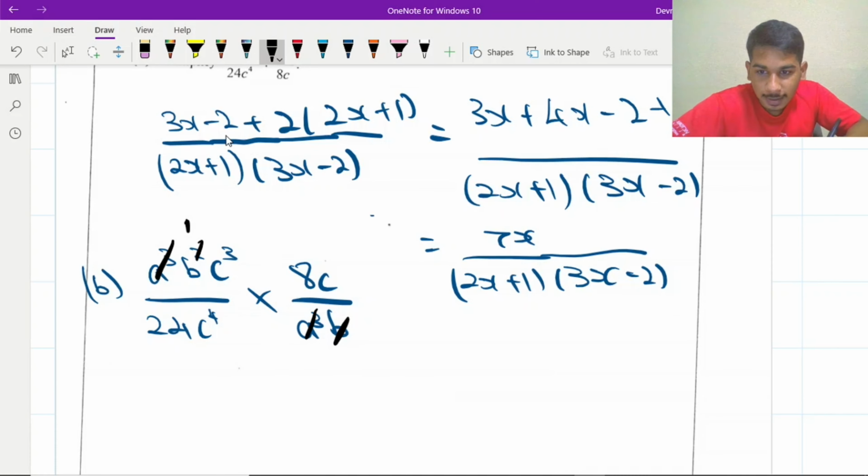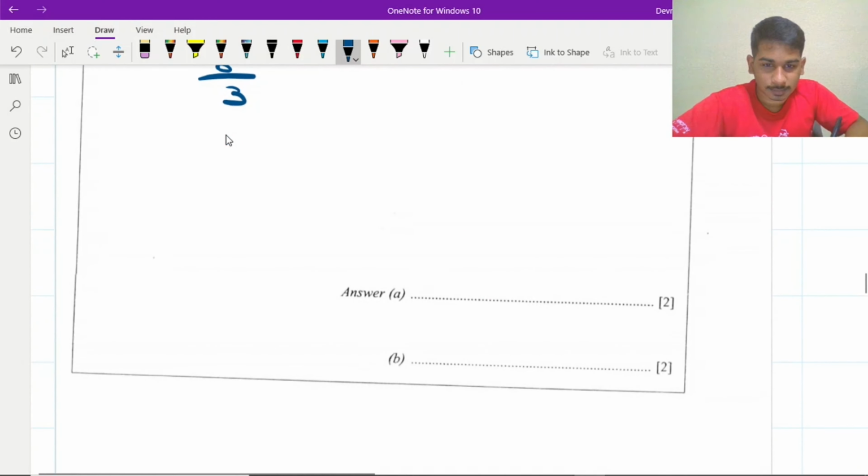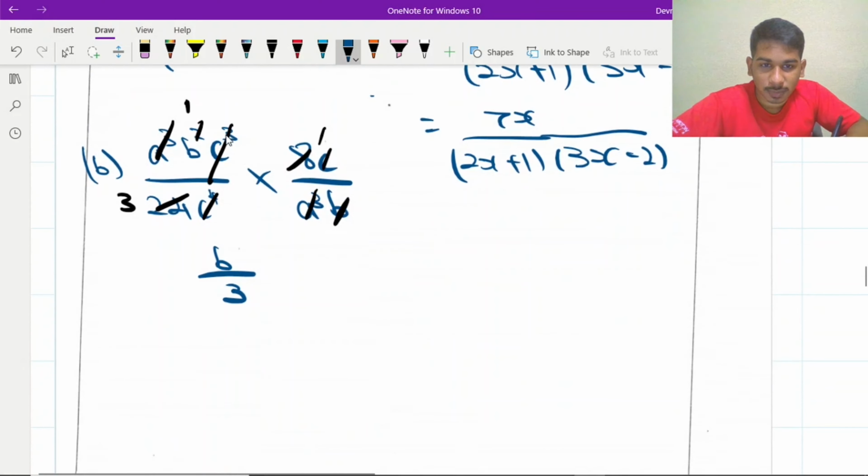We have 1, and then c to the power 4. There's 3c and there's 1c, so the c's are gone. Then we have 8 and 24, and 8 and 24 will be 3. So we are left with b over 3.